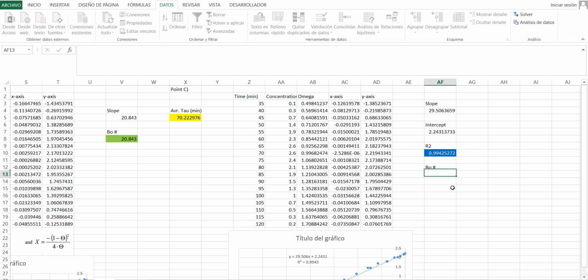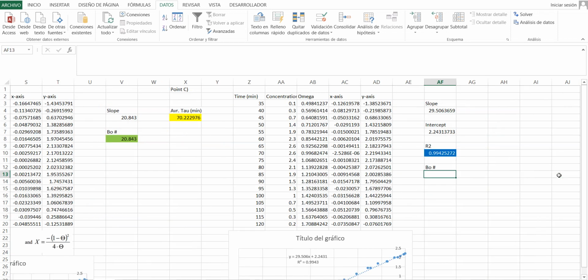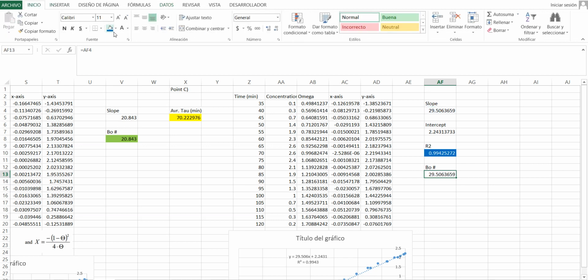As we can remember, the Bodenstein number is just the slope from this linear regression. So the Bodenstein number would be just equal to the slope, and this would be the improved Bodenstein number. If we compare this Bodenstein number to the previous one, we can see that they are fairly different. This is 29.5 and this is 20.8. So there is a significant change in the Bodenstein number, and this can be seen reflected in the R-squared coefficient.